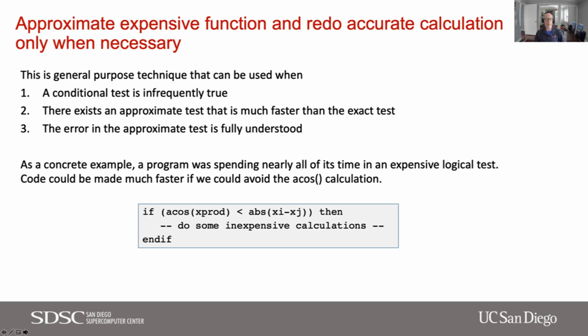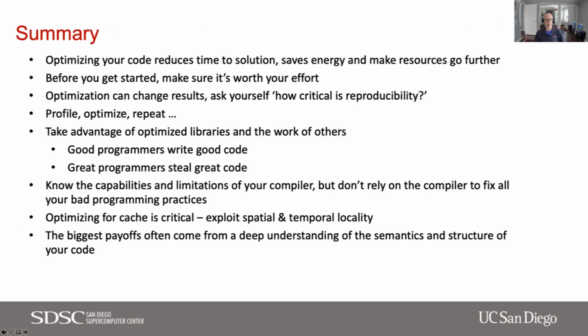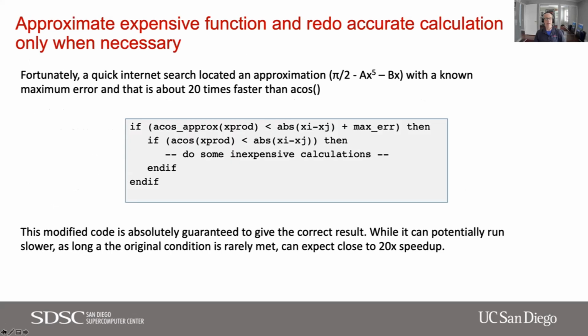So what we were able to do, I jumped ahead here, is find a pretty good approximation to the arc cos function, pi over 2 minus ax squared minus bx, with a known maximum error, and that was about 20 times faster than acos.